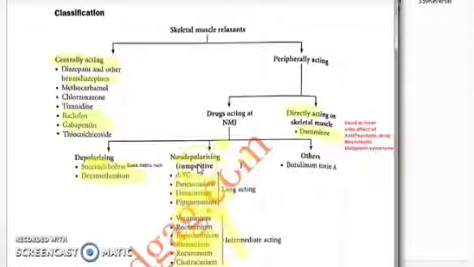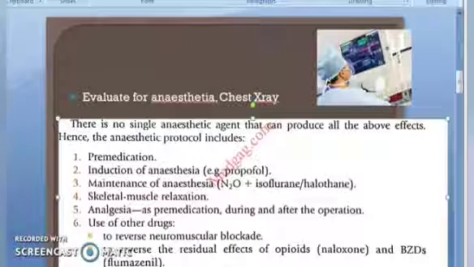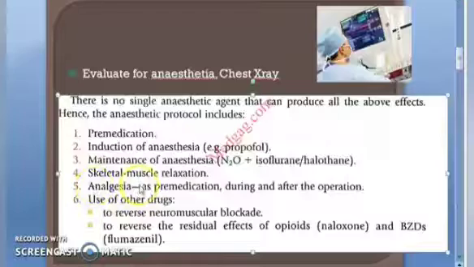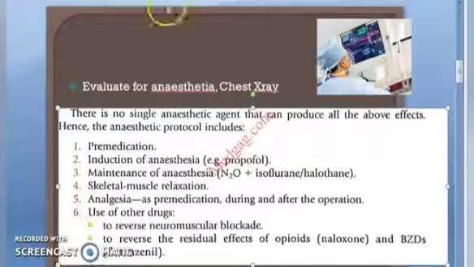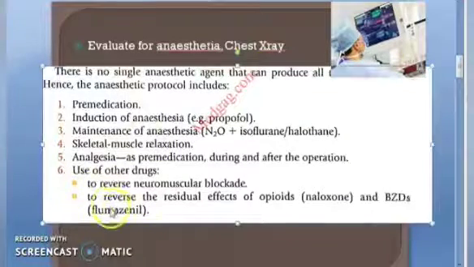Non-depolarizing muscle relaxant. Analgesia, they will give, what analgesics do you think they'll give? Some opioid they can give, opioid analgesics they can give. They can also give NSAIDs, okay. Other drugs they can use to reverse the block. To reverse the neuromuscular block, they can use.